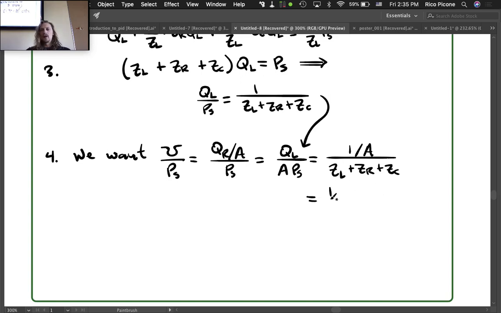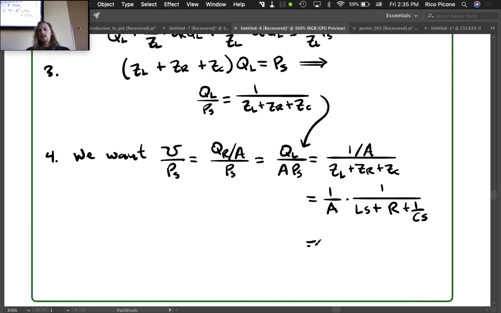So I'm going to move the 1 over A out here, times 1 over LS plus 1 over CS plus, ZR was R, and ZC was 1 over CS.